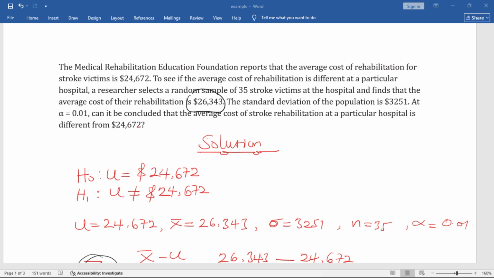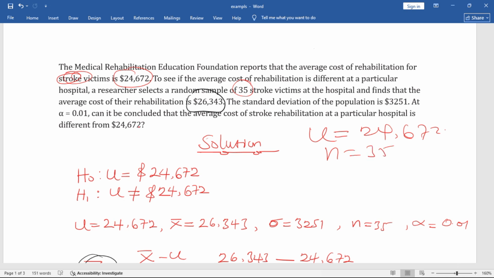So here we have to get our parameters down. We know from here that the average cost of rehabilitation for these victims is $24,672. So our population mean is 24,672. Then, to see if the average cost of rehabilitation is different at a particular hospital, a researcher selects a random sample. So you see the random sample was selected and our n was given as 35.